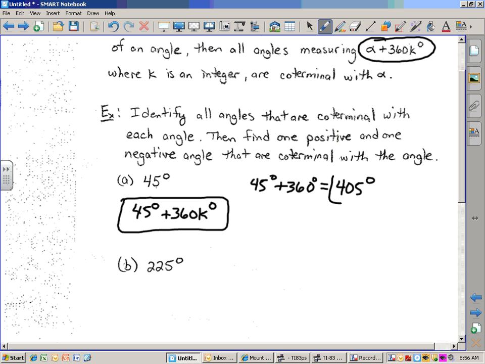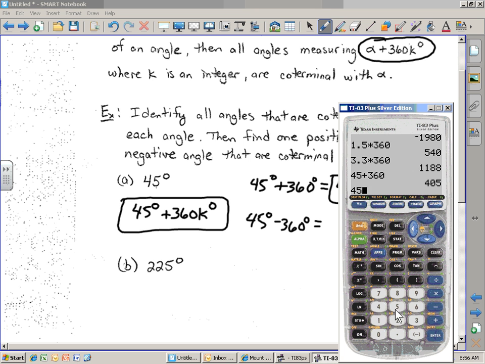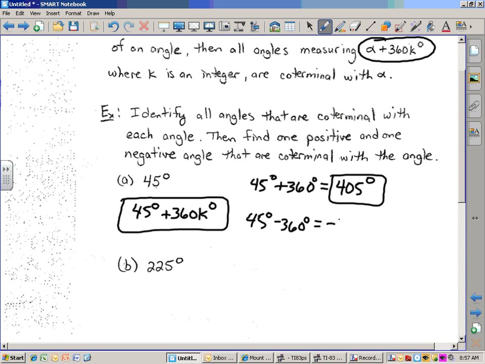So 405 degrees would be a positive coterminal. To get a negative, you take 45 degrees minus 360. So 45 minus 360, negative 315. One positive, one negative.